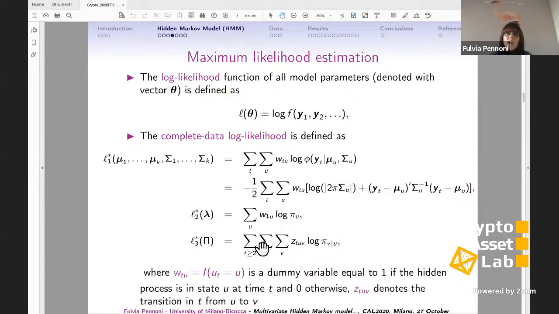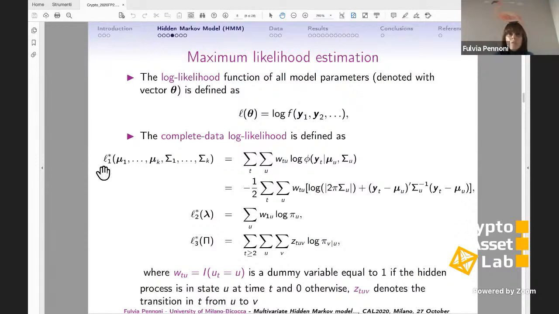We also estimate the model parameters by using the expectation maximization algorithm, and to this aim we have to consider the log likelihood of the model, which can be written in this way. But it is important to write down as well the complete data log likelihood. An important aspect of this estimation procedure is that this log likelihood can be decomposed into 3 pieces.